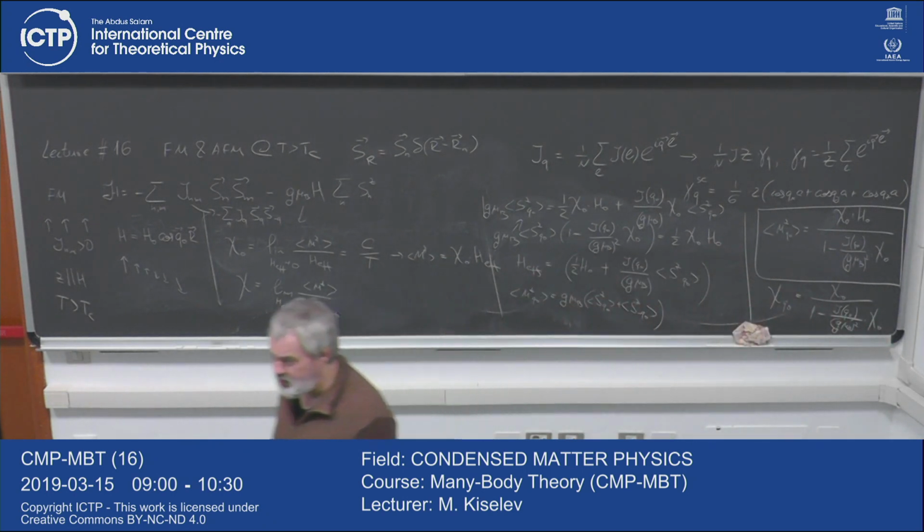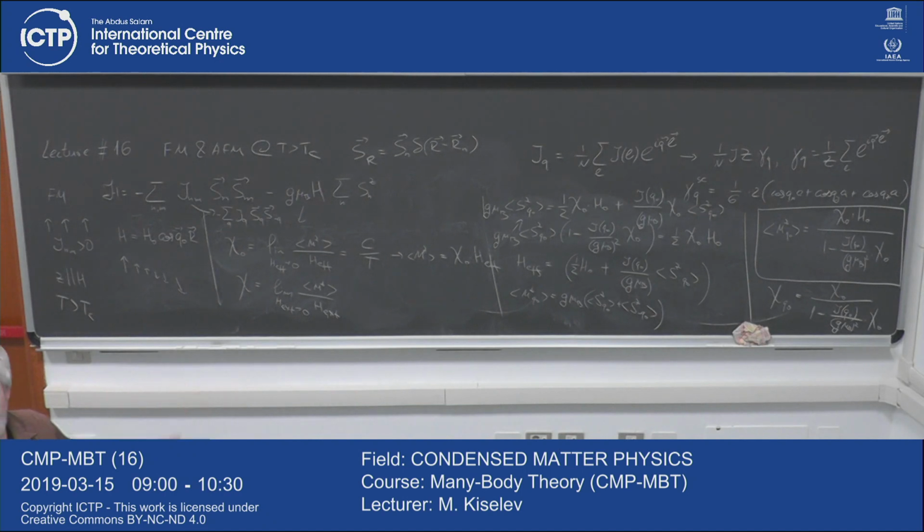So this is RPA approximation, and in the first class you may say to me, this is precisely what I did phenomenologically when I considered this gamma as a molecular field associated with action of all other fields.